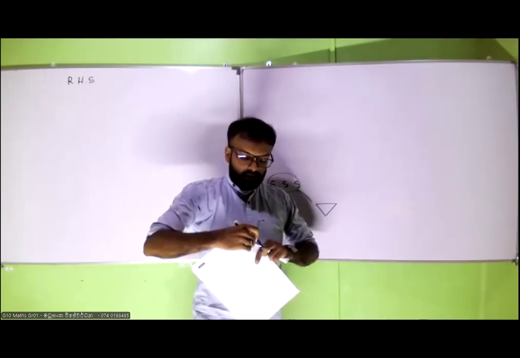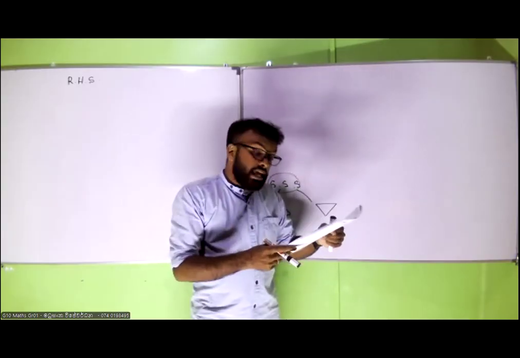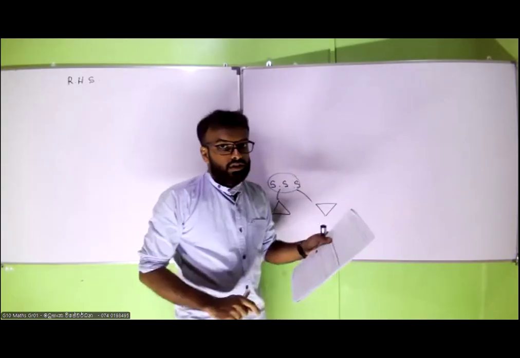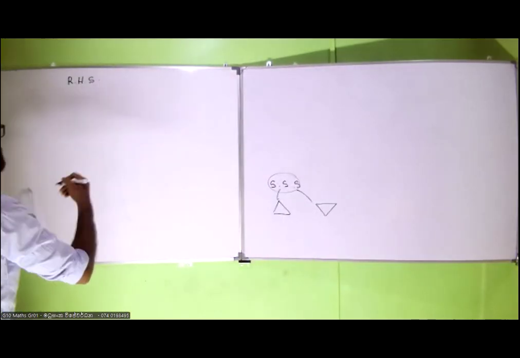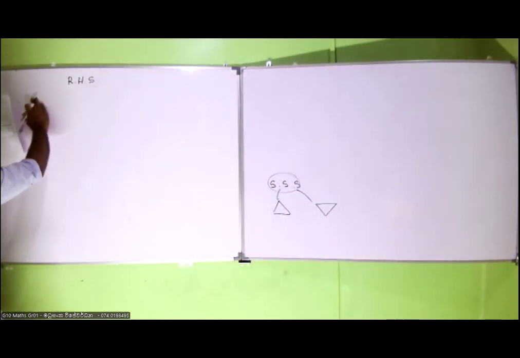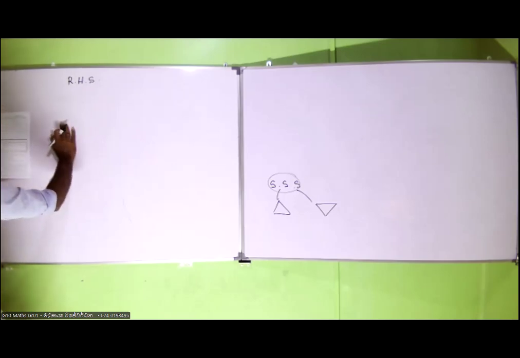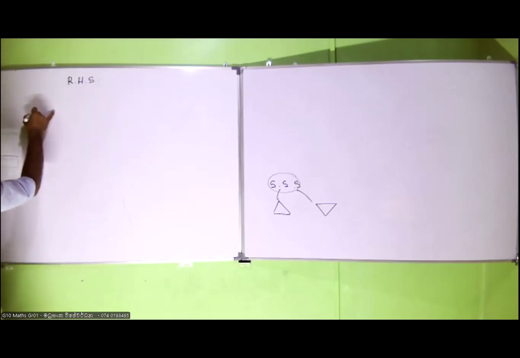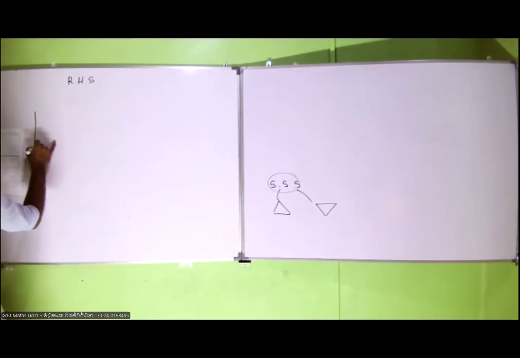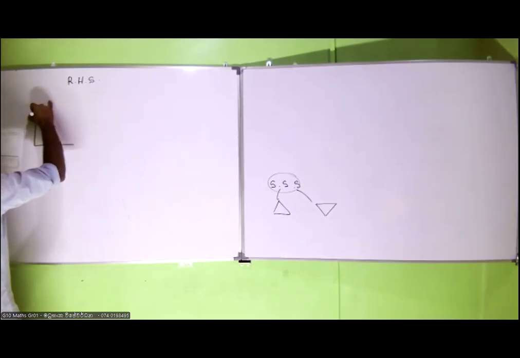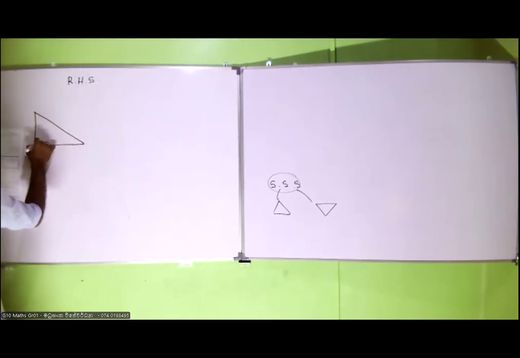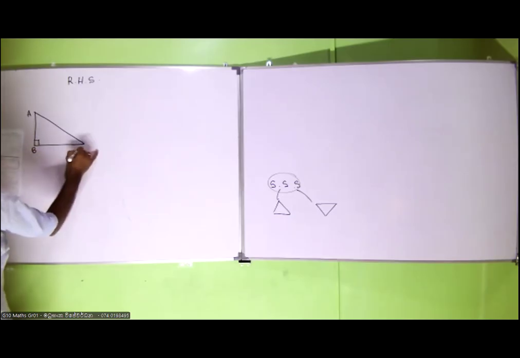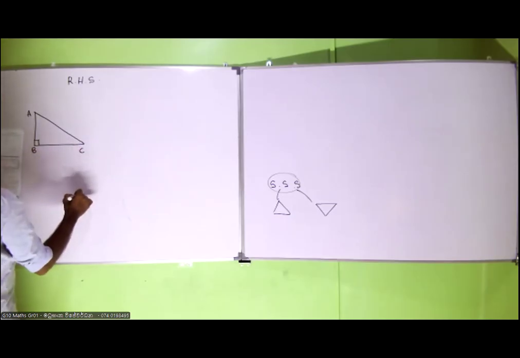So I will do example number 1 in the tube. Look at the board. I will tell you when you need to write. So there are two triangles. The first triangle is ABC.